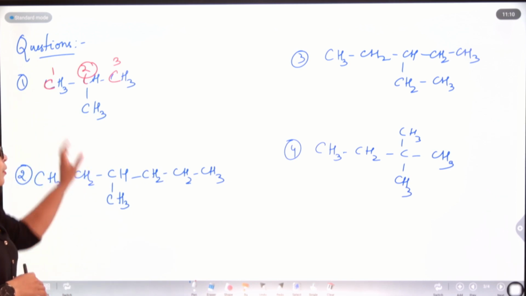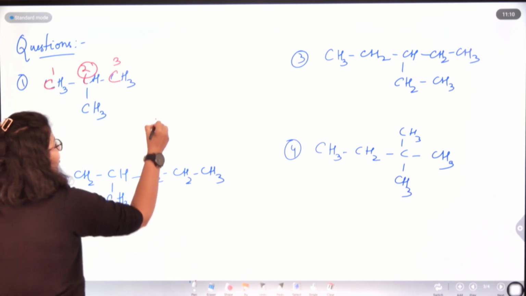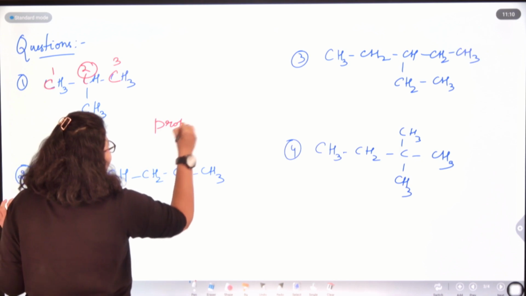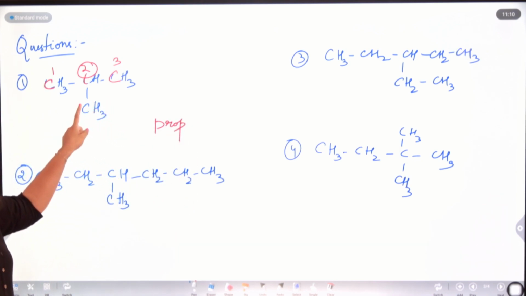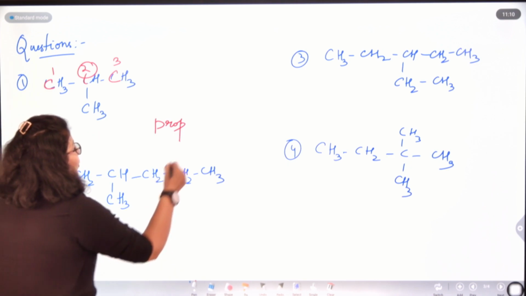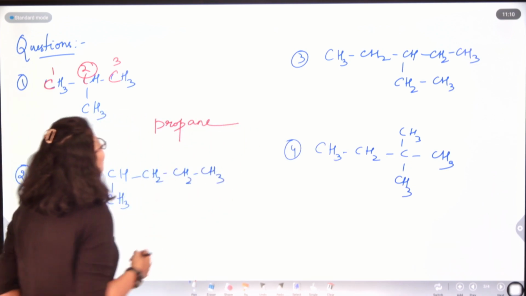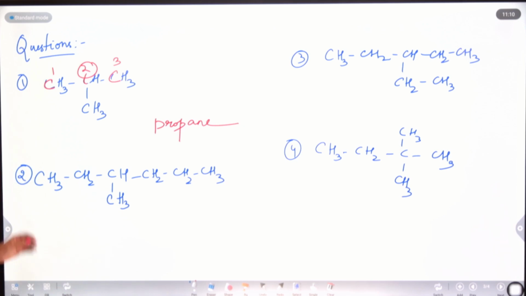So, if I have to name the primary chain, the word root will be prop, because 3 carbon atoms are present. And as all are singly bonded alkanes, the name will be propane. Now, time for the branching. My branching is at second position and the branch is a methyl group, 1 carbon atom.